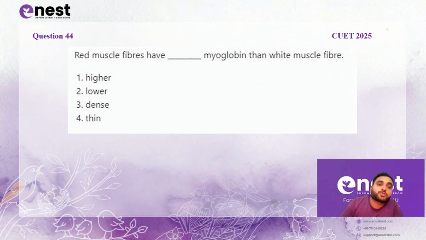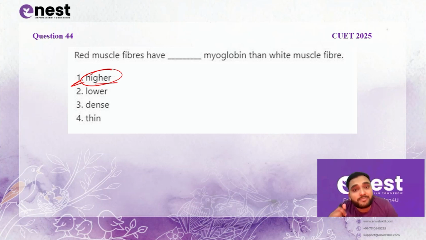Then coming to the next question, red muscle fibers have dash myoglobin than the white muscle fiber. Myoglobin is the pigment present in the muscles which is responsible for their color. So obviously red muscle fibers will have a higher myoglobin content. Now what is actually myoglobin?